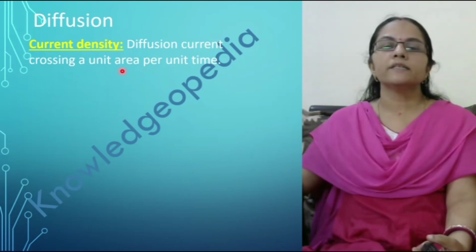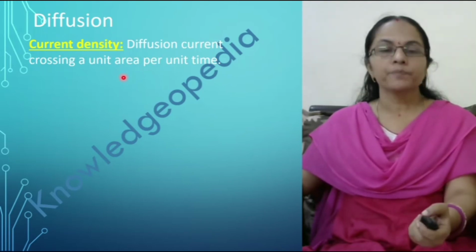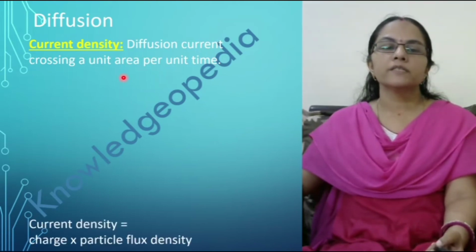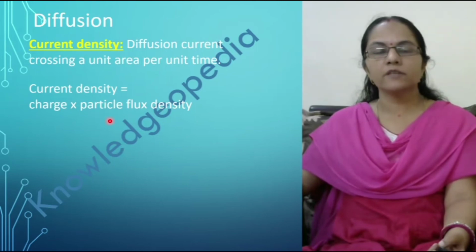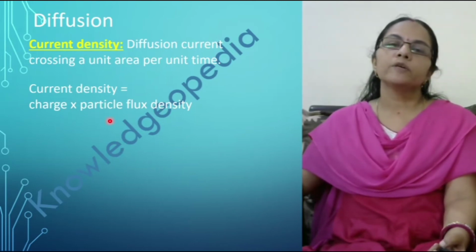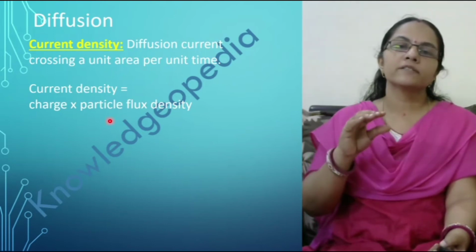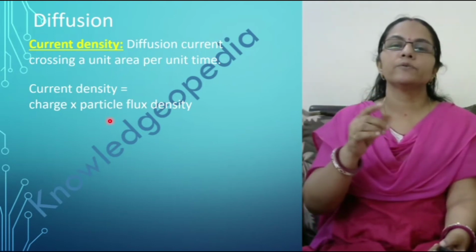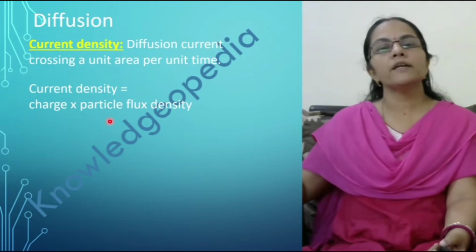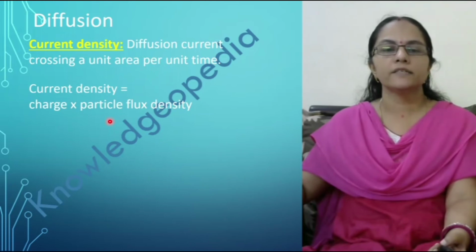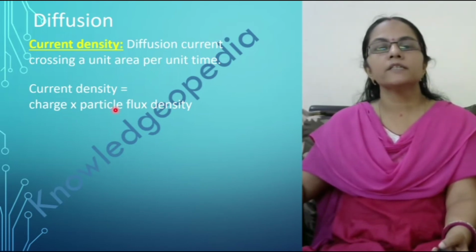So the current density is the amount of current flowing per unit area per unit time. And how can we find this current density? That is charge times particle flux density. Whatever carriers flow per unit area per unit time, that is the carrier flux density, and we multiply that with the charge of a single carrier, and from that we can find the current density. This is the general formula for calculating the current density.